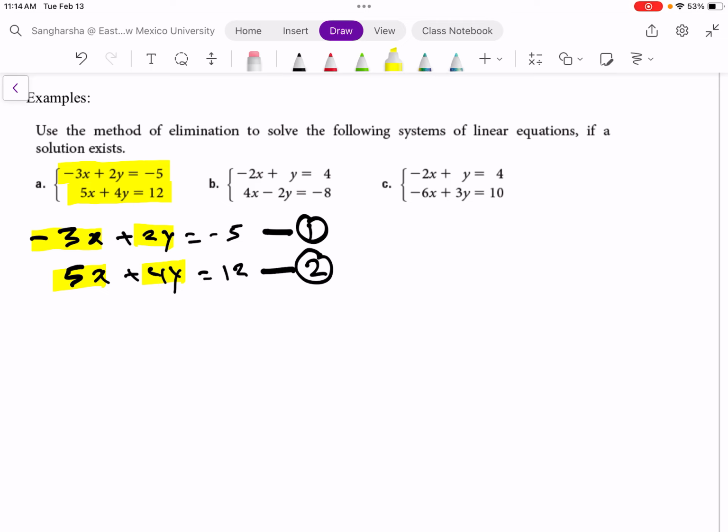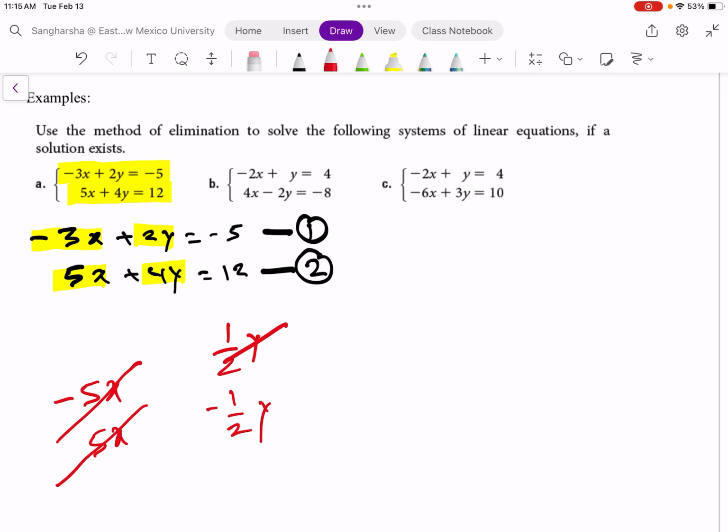Okay, you are on the right track. Yes, you would have to multiply something. So in order to cancel, we have to have the same term with the opposite sign, right? If we have negative 5x and positive 5x, we can cancel these two. Similarly, if we have 1/2 y and negative 1/2 y, these two cancel.